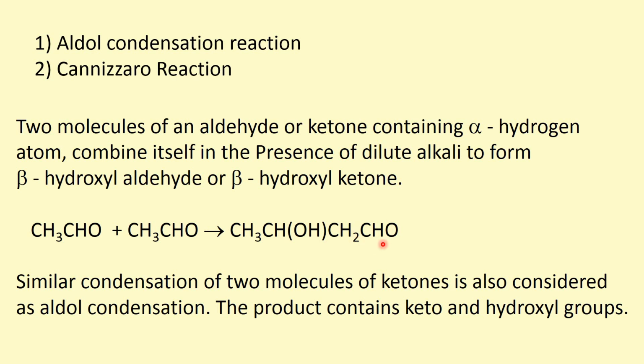This is the functional group. This is the alpha position. This is the beta position. So, beta hydroxy carbonyl compound. Now similar condensation of two molecules of ketones is also considered as aldol condensation. In that case, the product contains the keto group and the hydroxyl group.